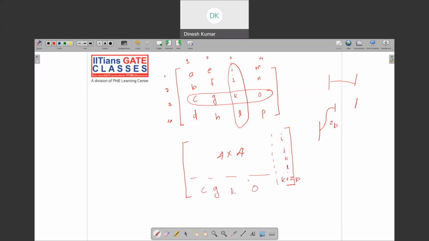Since this is a symmetric matrix, this E will be equal to B like that. So I will just erase it and make it symmetric.